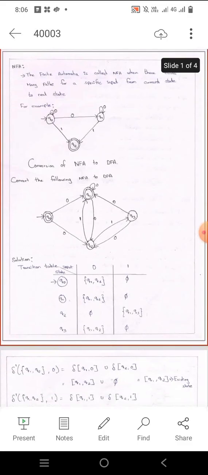Now we are going to discuss the conversion of NFA to DFA. So convert the following NFA to DFA. See the given problem. That means the transition diagram is given. So in this transition diagram, we are having 4 states. The starting state is indicated by that arrow mark q naught.